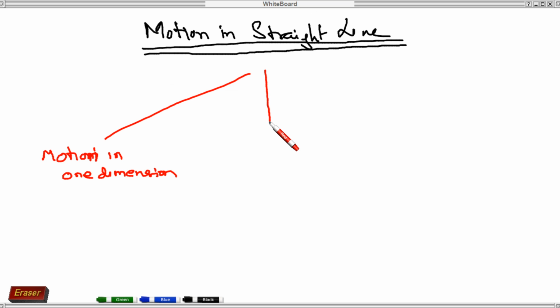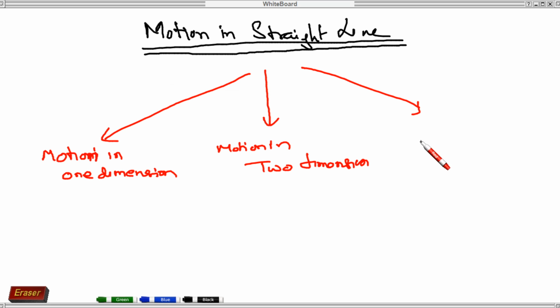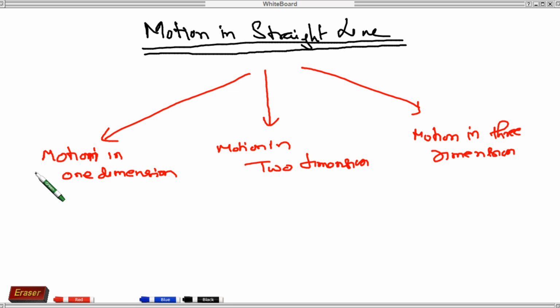A second one will be motion in two dimensions, and the third one will be motion in three dimensions.